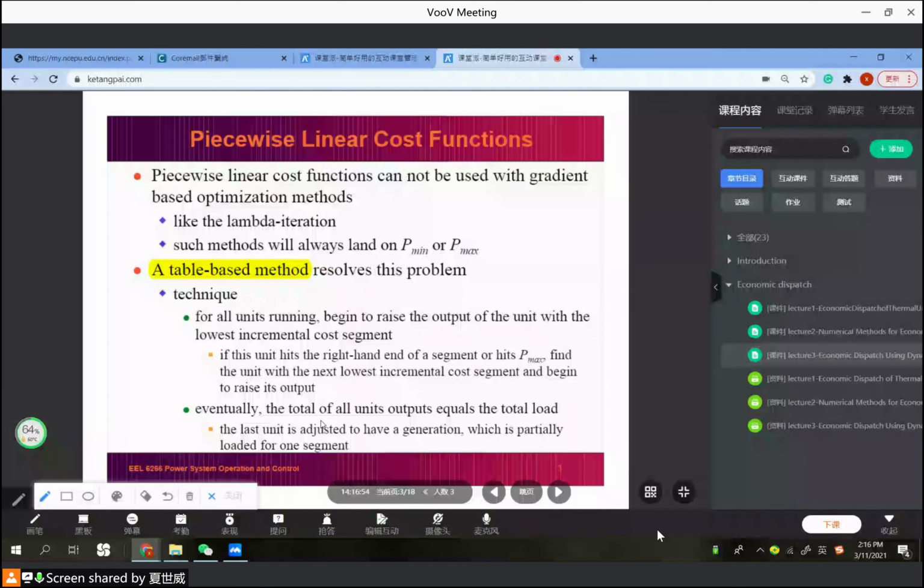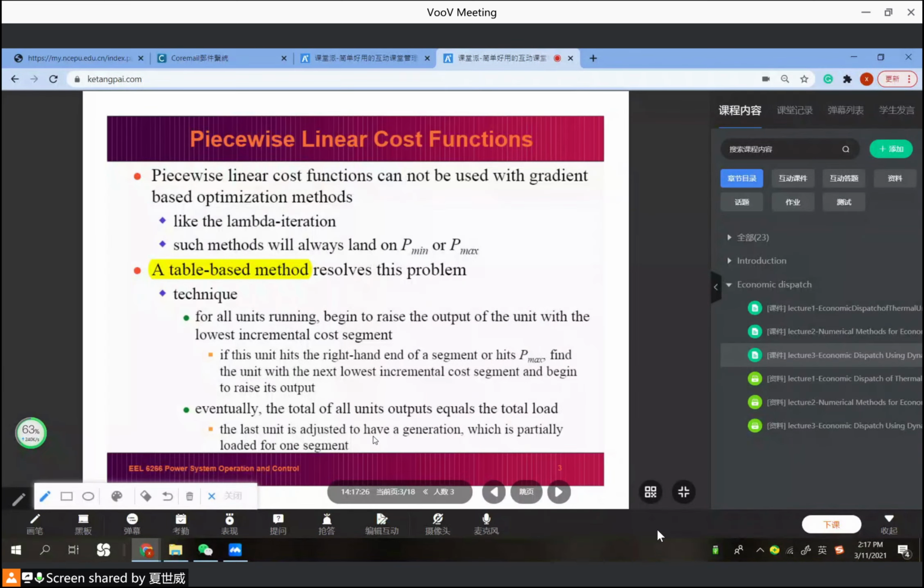Okay, so eventually the total of all units' output equals the total load. That means we turn on the generators one by one. First, we turn on the cheapest generator. Then we turn on the second cheapest generator. Just like this. At last, we turn on the most expensive generator to supply the load. So the last unit only provides partial generation for one segment.